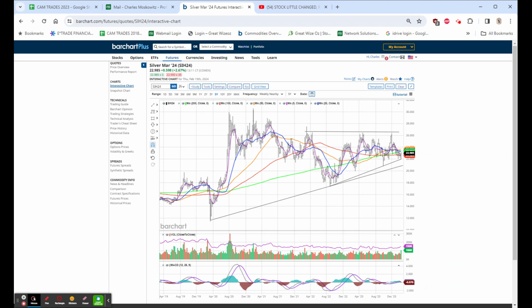And I wanted to do a bunch of instructional videos that'll help you understand both my methodology and, in this case specifically, why I made a trade. This is the silver chart, and anybody who's read my stuff for any period of time would know silver is one of my favorites.